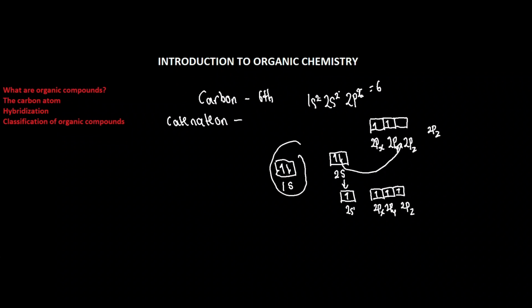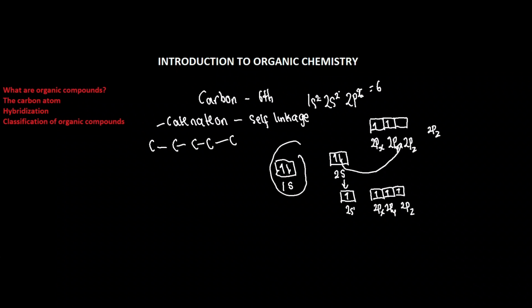Catenation is basically the ability of atoms of an element to link, simply self-linkage. So due to this characteristic of the carbon atom, carbon atoms are able to link and form long chains, long branched chains and long cyclic compounds. This is a very key characteristic of the carbon atom.